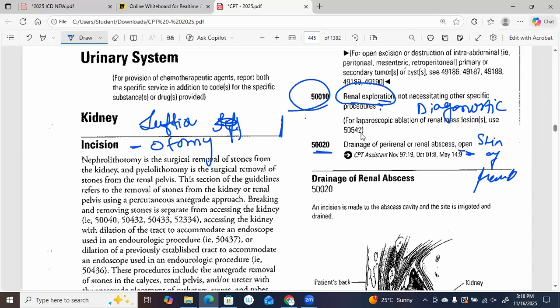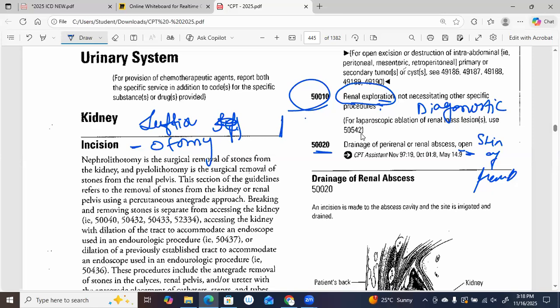Okay. So the doctor makes a small incision on the skin of the flank, through the muscle, fat, or fibrous membranes overlying the kidney, and then cuts a portion of the 11th or 12th rib to reach the kidney.